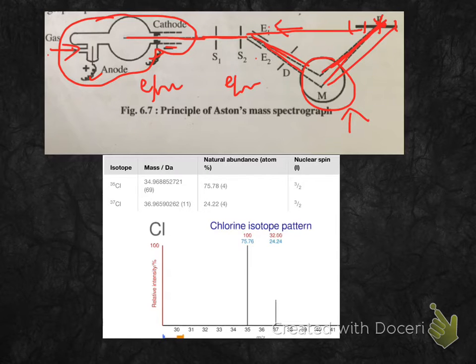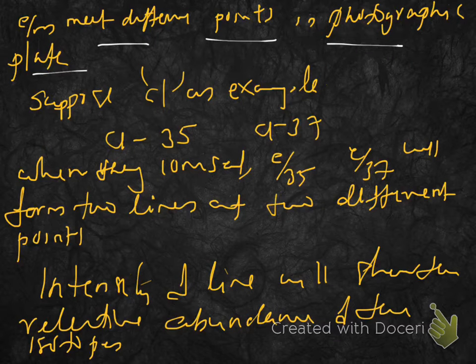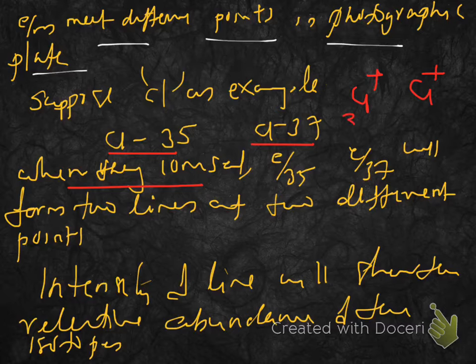For example, you can see the element chlorine. Chlorine has two isotopes, 35 and 37. When they get ionized after the application of high electric potential, we will get two types of ions. One is mass 35 and another is mass 37.